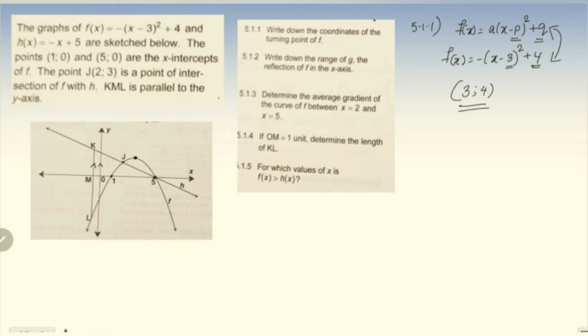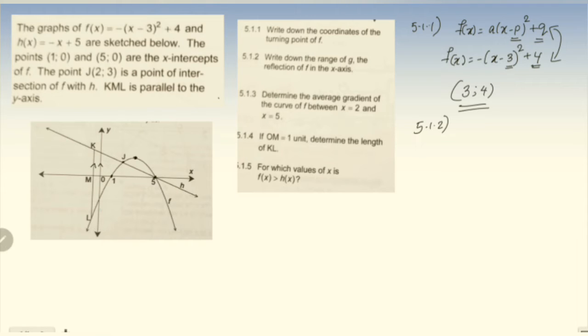You understand? Now we can move to question number 5.1.2. Write down the range of g. Since g is not given here, what is g? g is the reflection of f in the x-axis. So you are finding the range of another graph, not a range of f. A range of f is what? Look at the graph.